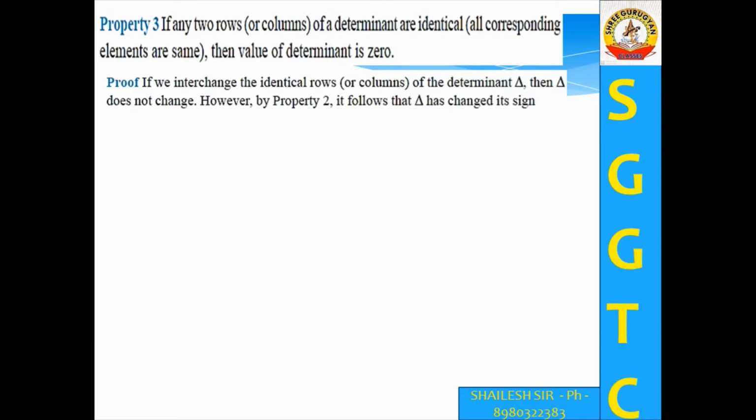Now your third one: any two rows or columns are identical. Students, here note the word identical. Identical means same. It means any two rows same, or any two columns same. Surely, your determinant value is 0. Very easy. Take one determinant in a simple way. We interchange R1 and R2 and apply property number 2.